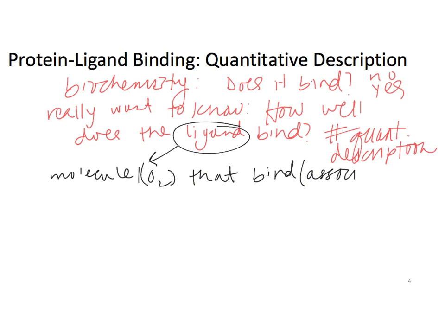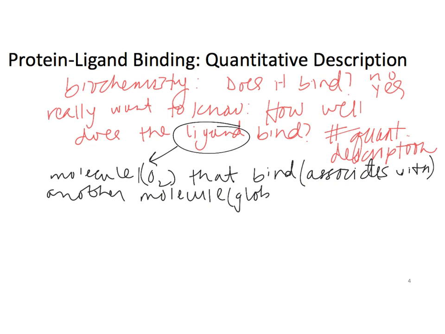Maybe associates with another molecule. In our case, that's a globin, or the protein. Okay, so that's the protein ligand. Associates with another molecule and is not chemically altered.